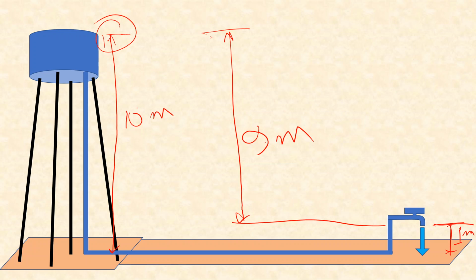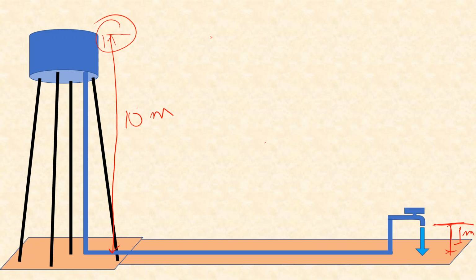Now this 9 meter head loss will be again the summation of head losses at different points. That means as water enters the pipe here, the head loss will be loss at entry. Then over this length of pipe, let's call it HF1, the first length. Then at this bend, HB1, say some head will be lost.